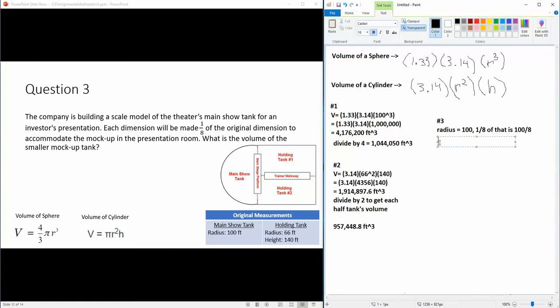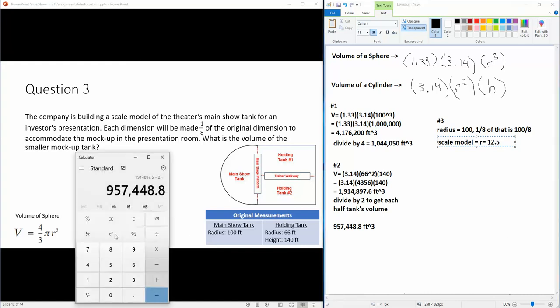So in our scale model, the radius is equal to 12.5. And that, again, just so you can see it, is 100 divided by 8, because that is 1/8. So we've got a radius of 12.5 feet. Well, this is asking us to get that volume of the mock-up tank with a dimension that's 1/8.